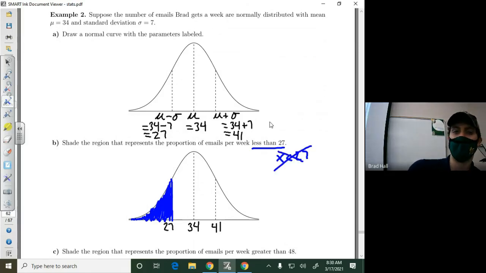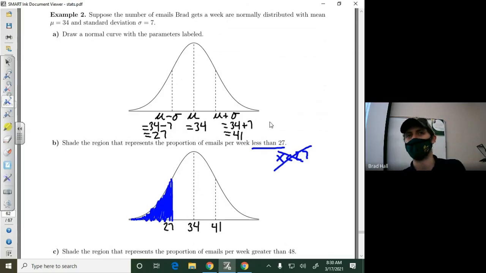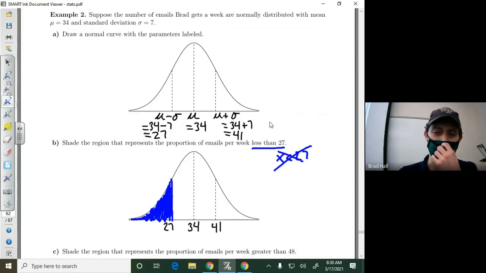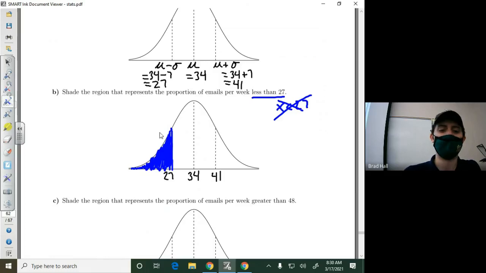That doesn't matter. Because as we said, we don't care if a value is equal to a specific number. We care about intervals. So whether it says less than or at most 27, we treat it the same way. So simple as that. We shade, and notice we're shading with respect to the 27.